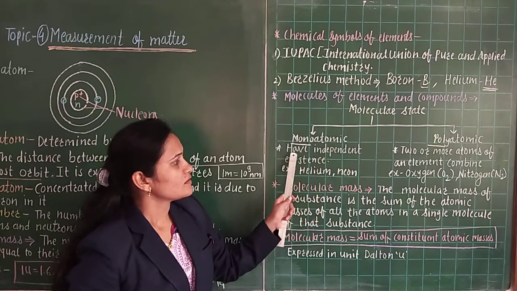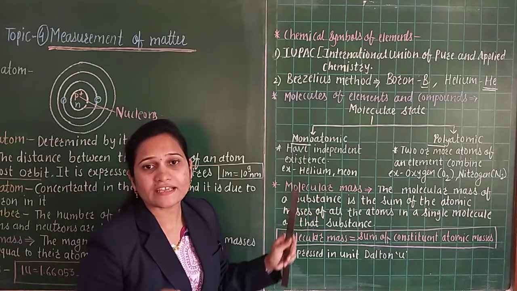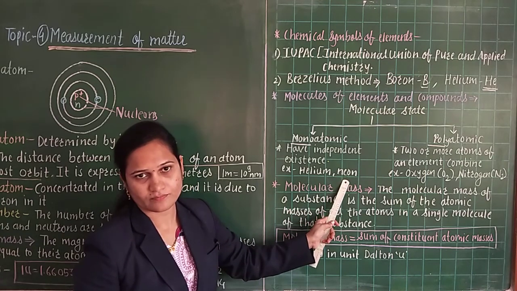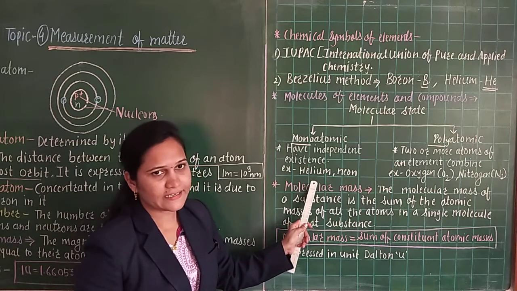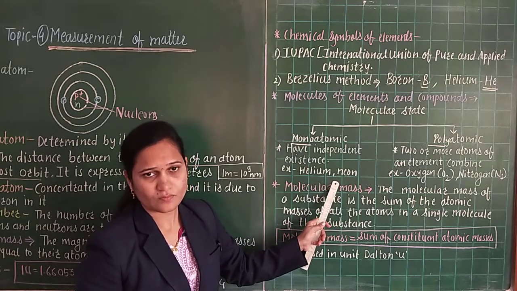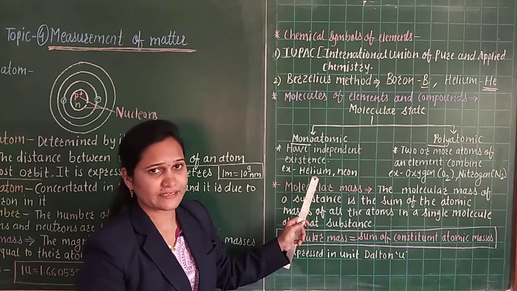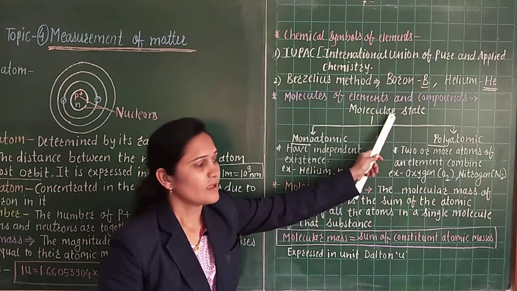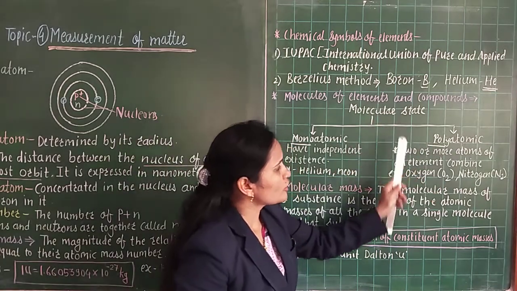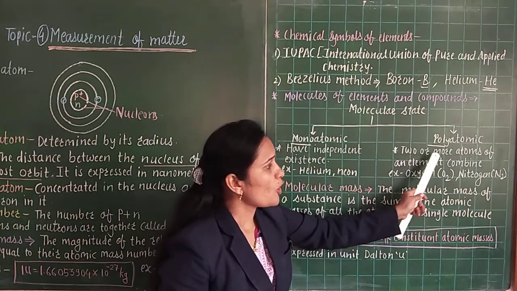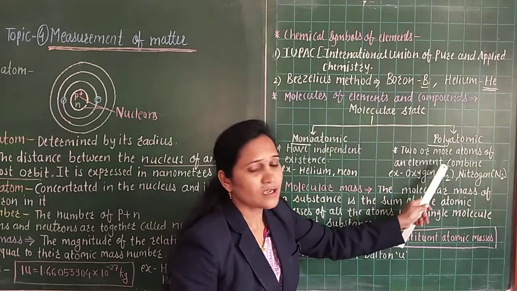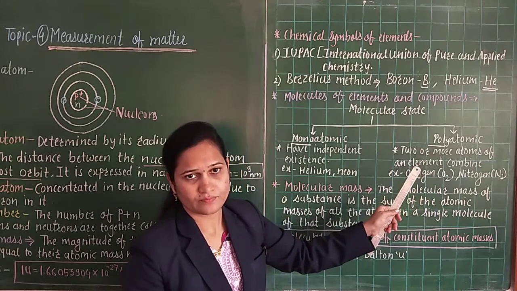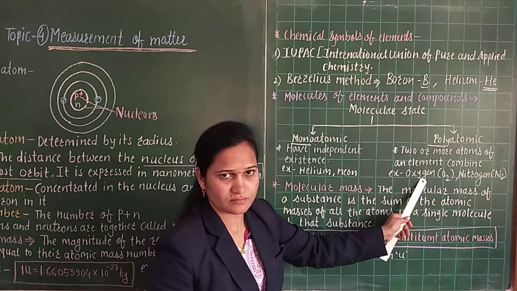Monoatomic means what? Having independent existence. For that, I have written two examples downside of it. Examples are helium and neon. Mostly zero group elements show the monoatomic molecular state. And polyatomic molecular state means what? In which two or more atoms of an element combine together to form the molecule. For example, oxygen.